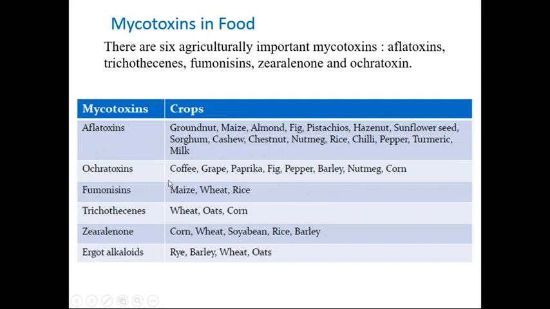Ochratoxin is found in coffee mainly, grape, pepper, etc. The fumonisins are found in cereals, so also the trichothecenes and the zearalenone, and ergot alkaloids are got when the ergot fungus infects rye, barley, wheat, and oats.